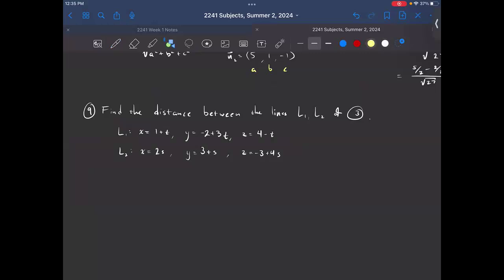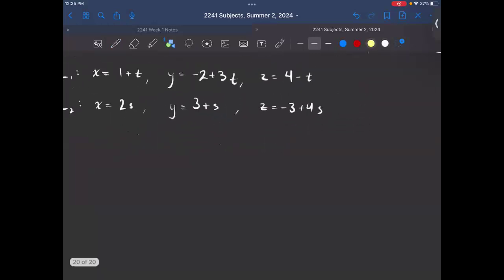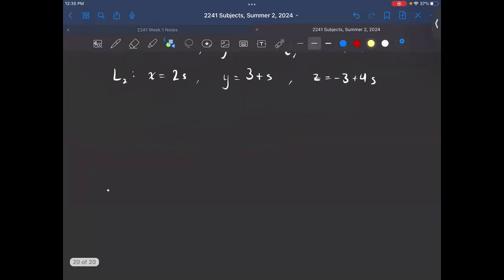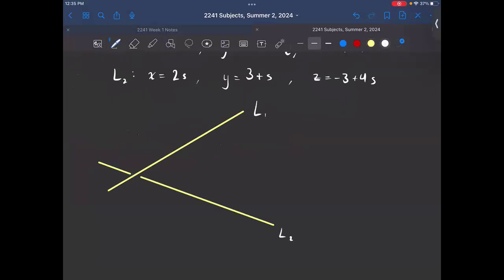So let's draw a quick picture of this. I'll zoom in somewhat. Here's my line L1, and here's my line L2. And there we go. Okay. So L1 is up here, L2 is down there, and let's say we've got a couple of points on there, here, here, here, and here, maybe.